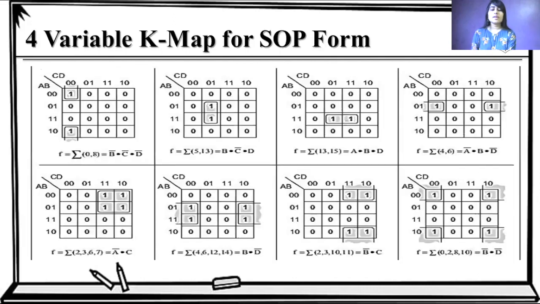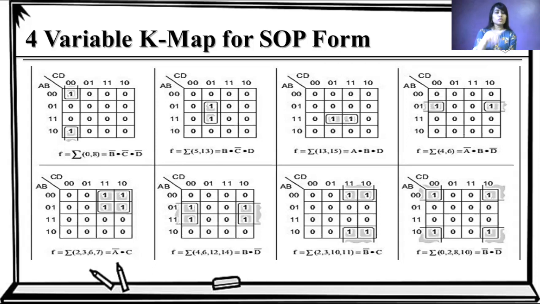Now here are some group patterns. We can make a group of 2 like this, and in the horizontal direction we have a common term b', and in the vertical direction a common term 00, that means c' d'. So we write this as b' c' d'. This is how we can make a group of 2 over here, and we can also make a group of 4 like this, as shown in the picture.